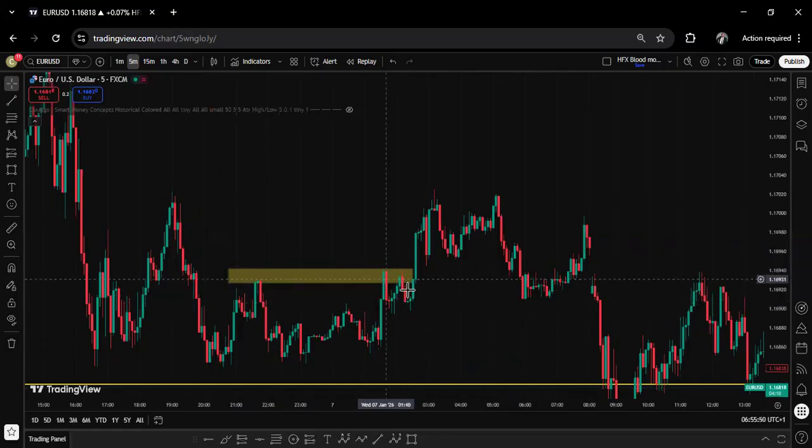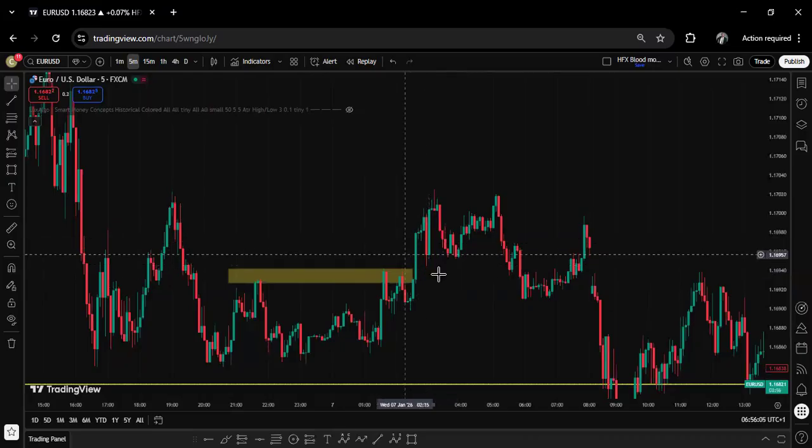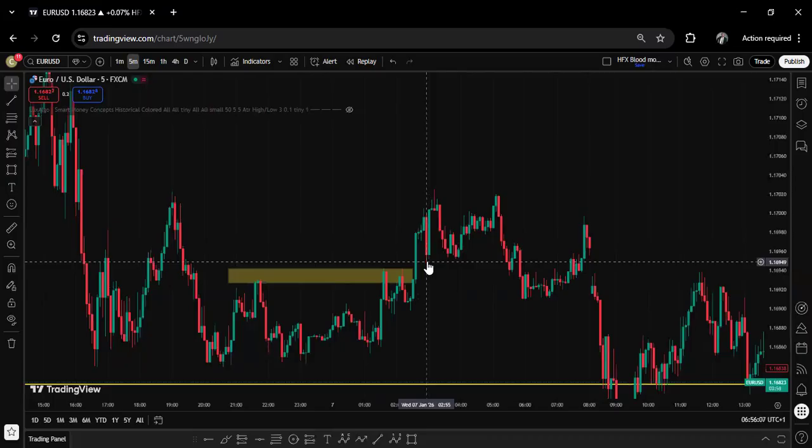But then what happens? It breaks. Now, in your own mind, you're like, you know what? This trend has broken. This high has been taken out. So let me go in for a buy now. Of course, the market will create an imbalance for you, not knowing that this is the market just sweeping liquidity to now make the main move it wants to make.